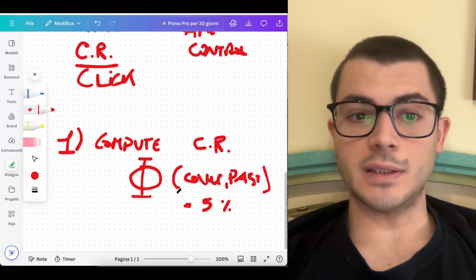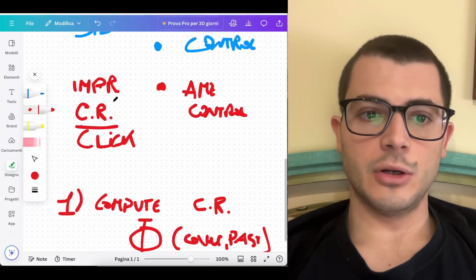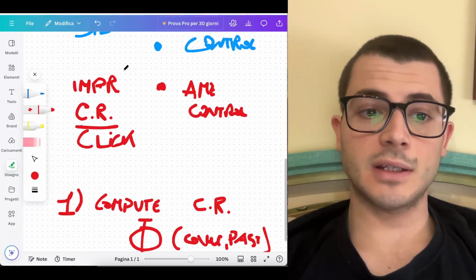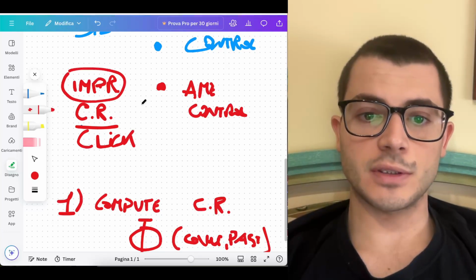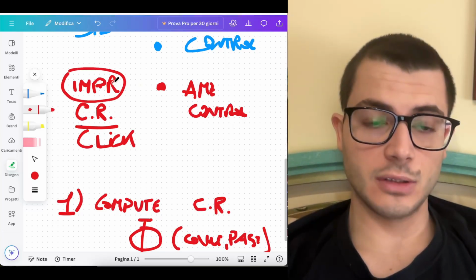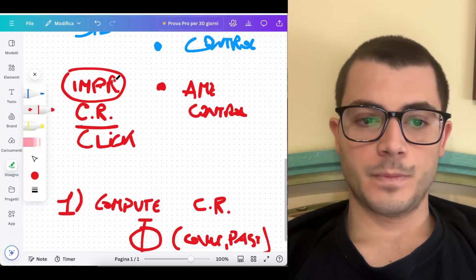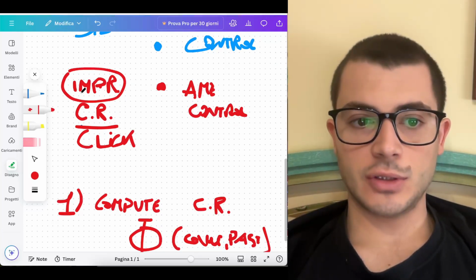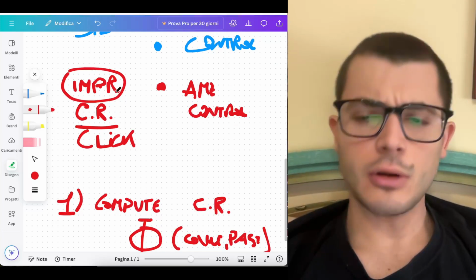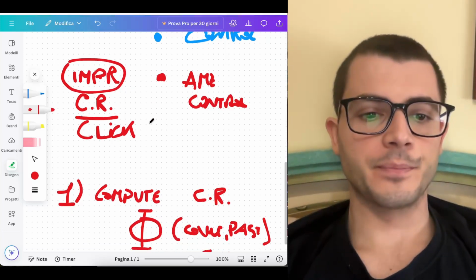Why is this important? Because Amazon controls the impressions, and Amazon can actually cut your impressions or increase them. Why?